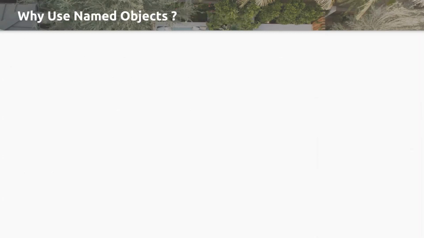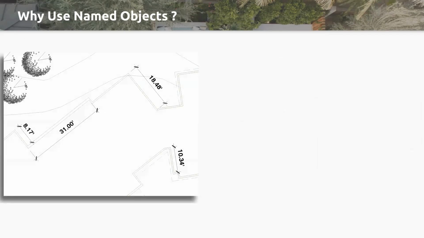Okay, so why would we actually use named objects? Well, let's take this little example of some dimensions. We've got several different dimensions around the plan, and we want to modify something.